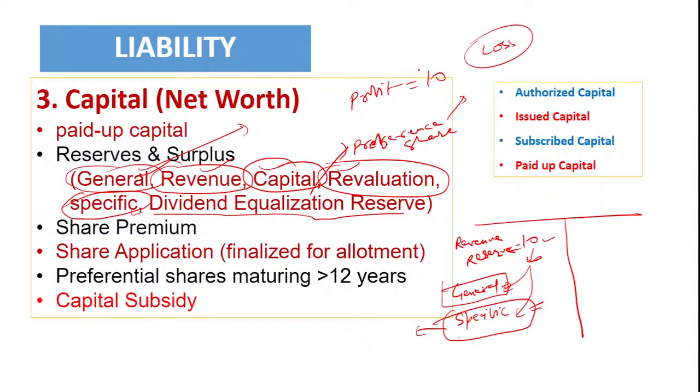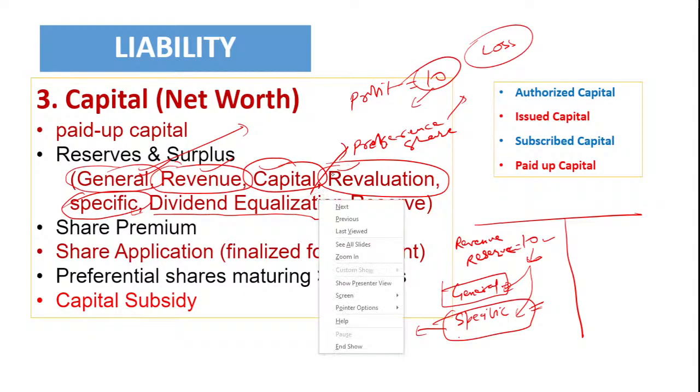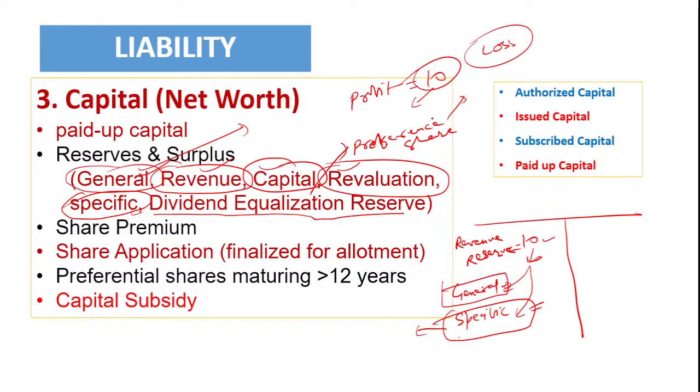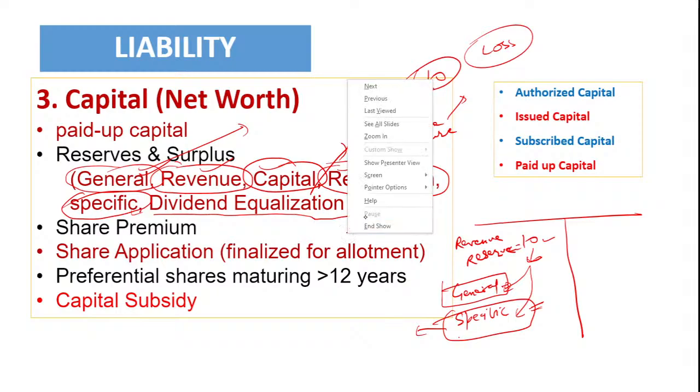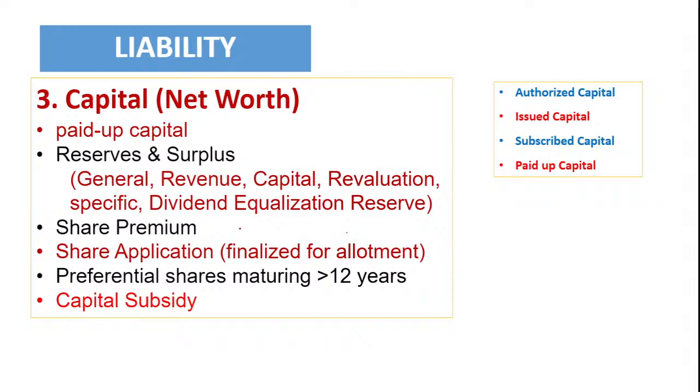Whenever the company has earned profit, from that a certain portion they will put towards the dividend equalization reserve. And if the next year the company has incurred a loss, in that case the company will debit from the dividend equalization reserve and pay to the preference shareholder. So the dividend equalization reserve is always created for the purpose of making payment to the preference shareholder.